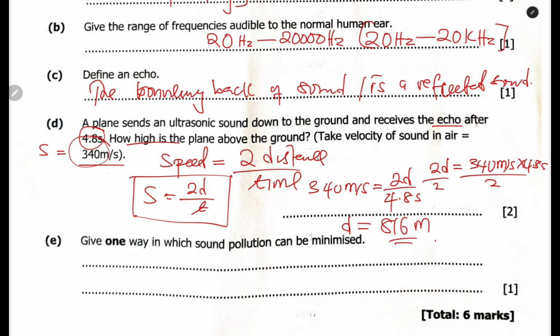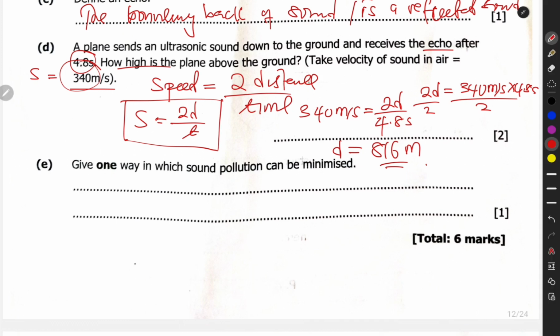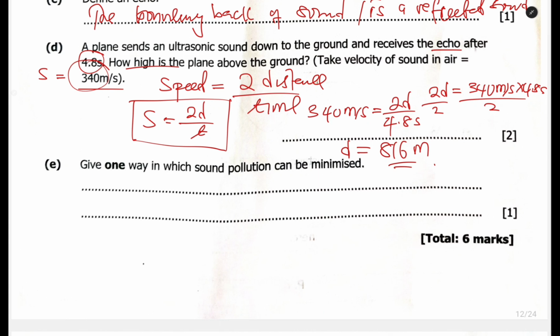So just confirm on this part. Then the other question, which is question E: give one way in which sound pollution can be minimized. So how can you minimize sound pollution? One way you can minimize sound is by using heavy curtains. You can also talk of using soundproofing in the rooms.